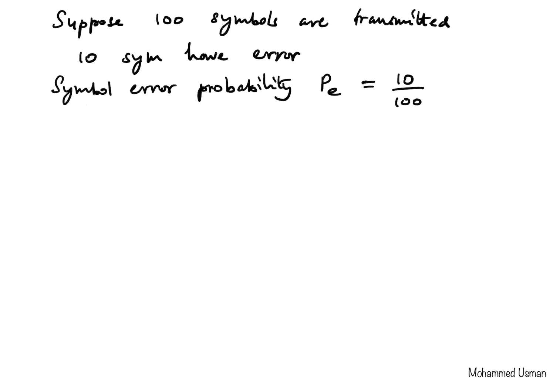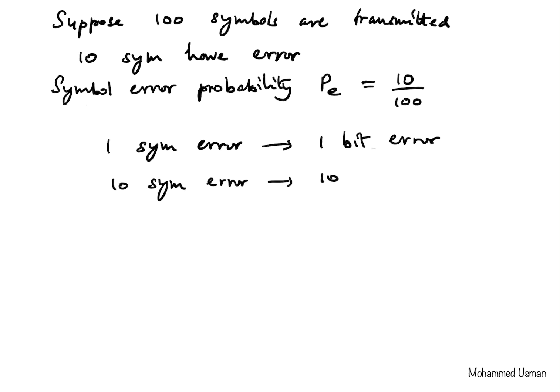Now we know that with the gray coded arrangement, one symbol error means 1 bit error. So 10 symbol errors mean 10 bit errors, right? So therefore, if we have 10 symbol errors, that corresponds to 10 bits in error.